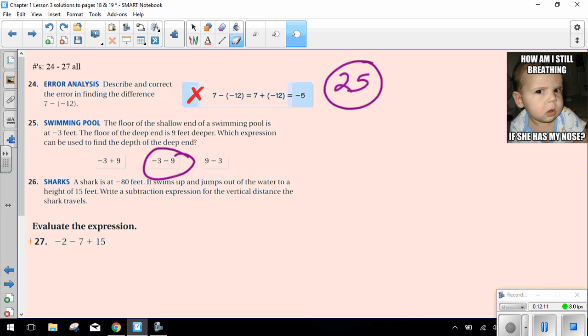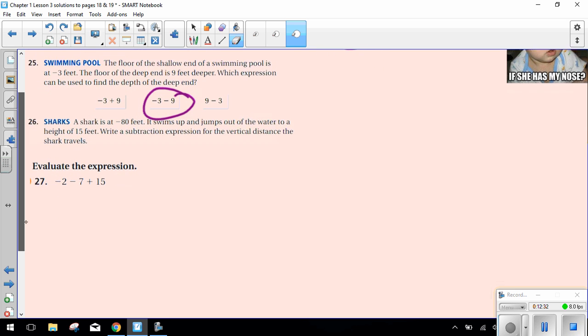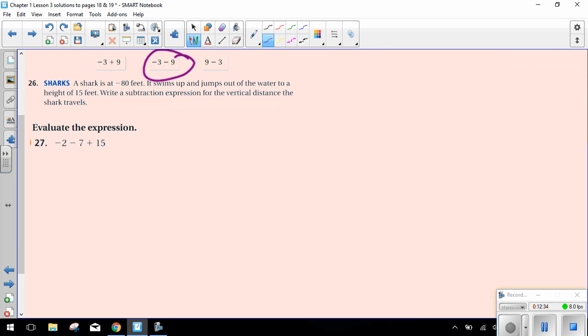Okay, number 26. A shark is at negative 80 feet. It swims up and jumps out of the water to a height of 15 feet. So at this point, the shark is out of the water at the 15-foot mark. Write a subtraction expression for the vertical distance the shark travels. So let's draw a number line so you can kind of visually see this problem.